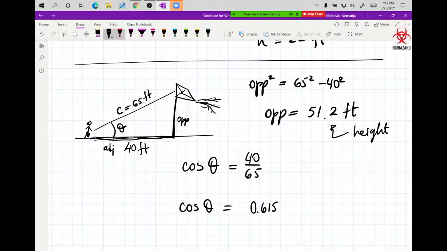And now you hit both sides with the inverse cosine to kill the cosine here, and the angle at which kite is flying, push your inverse cosine in the calculator, bring the previous answer in, is 52 degrees. It's 52.02, yeah, right. So it's flying at 52 degrees.